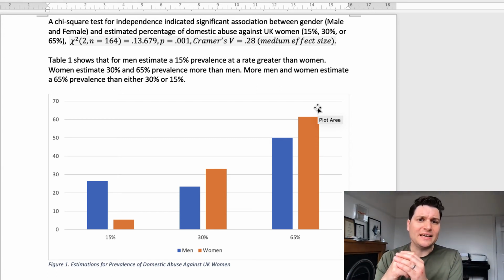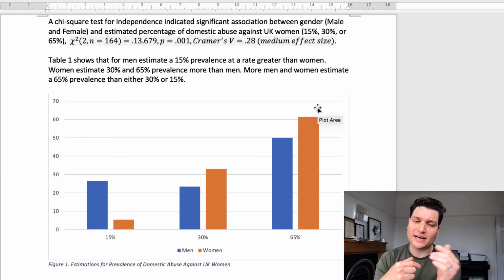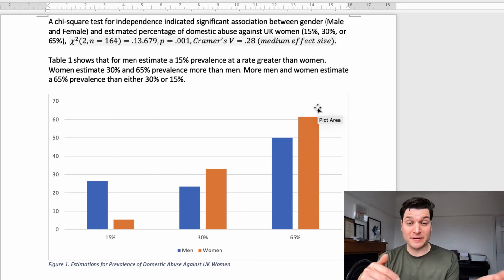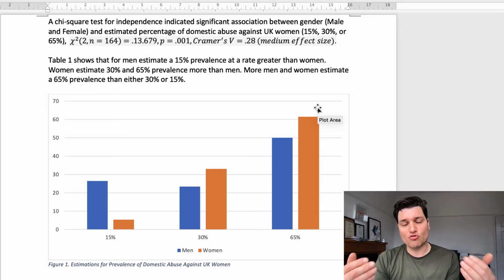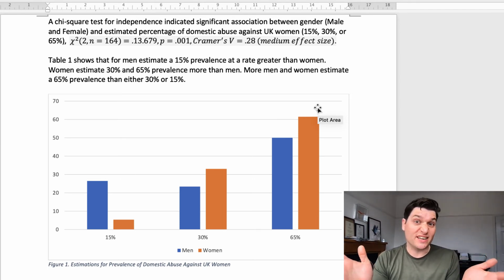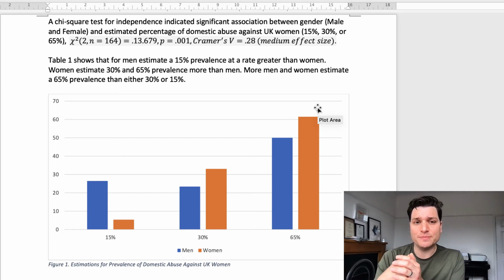Then the p equals 0.001, that's just our significance, which we just pointed out was 0.001. And then of course, significance just means there's a difference. It doesn't tell you how big the difference is. So we put the Cramer's V in at 0.28, and then we interpret it as a medium effect size. Of course, a medium effect size is a great way to say it's an effect we can see. It's not huge, but it definitely exists, and we should be paying attention.